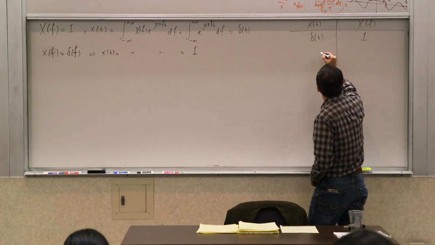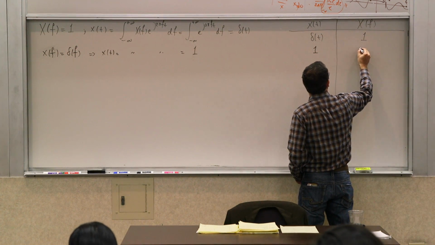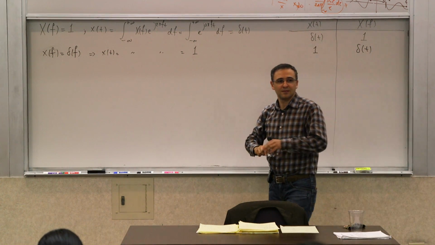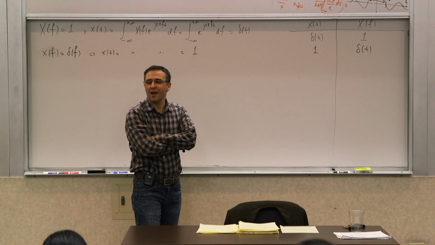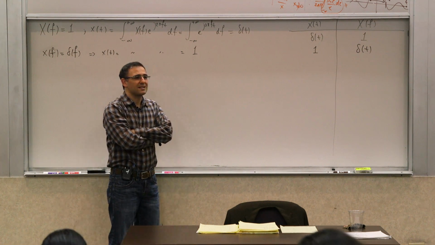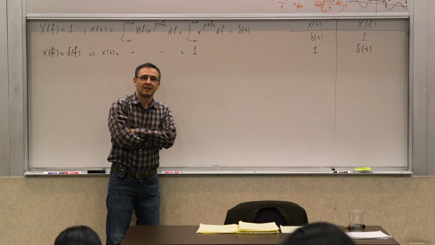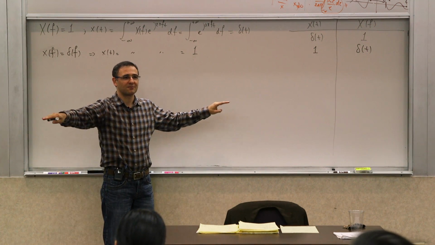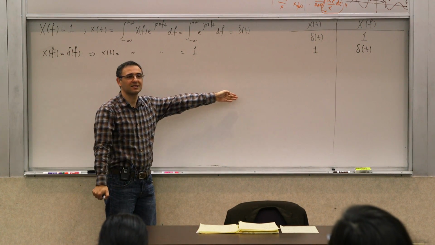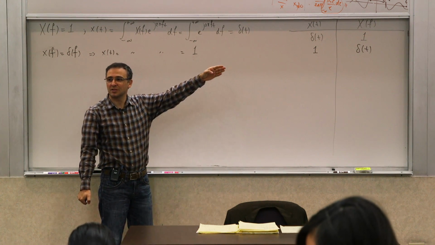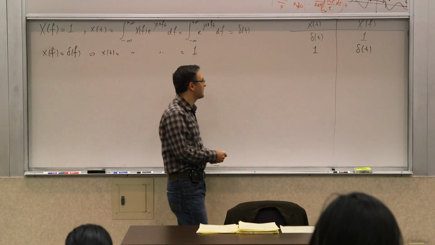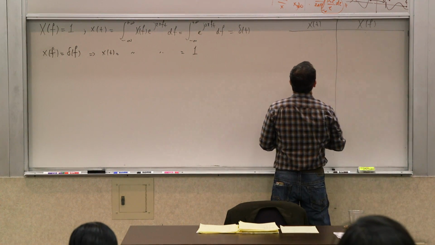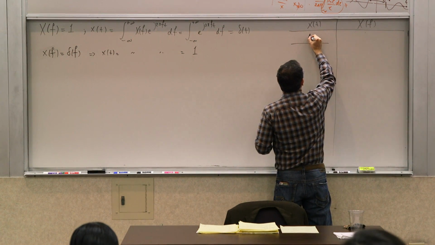So it says that a constant 1 in time domain gives you delta of f in the frequency domain. So you can see a delta in time domain gives a constant in frequency domain, and a constant in time domain produces a delta in frequency domain. In fact, I probably want to even replace this with a picture like this.